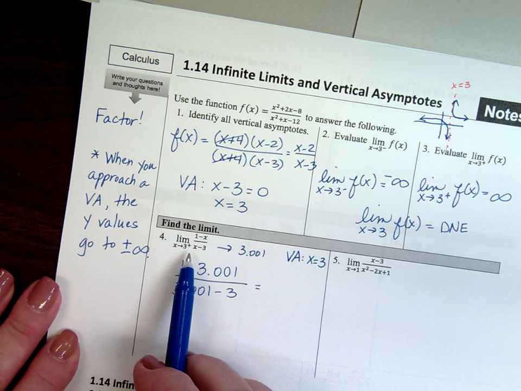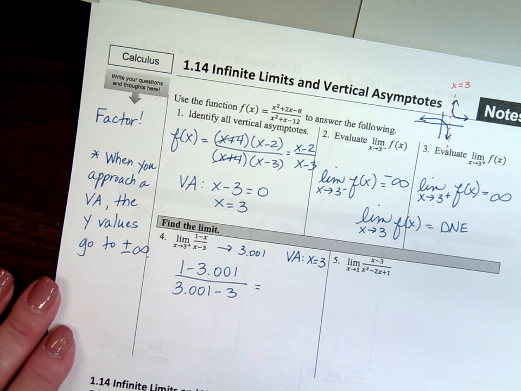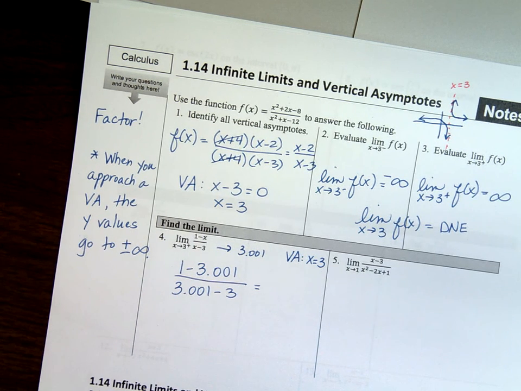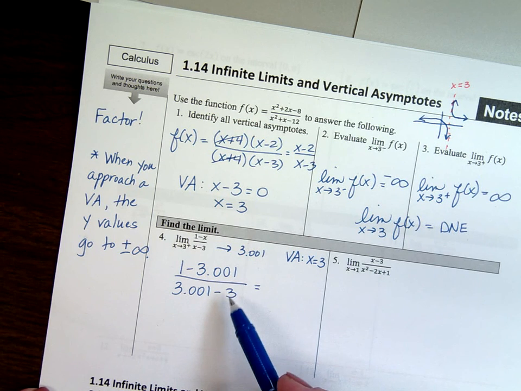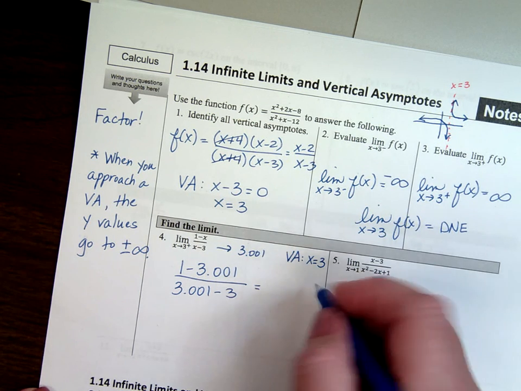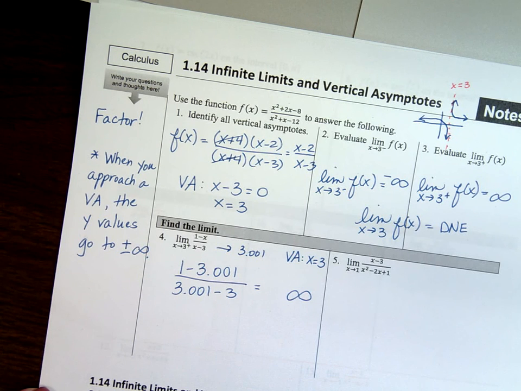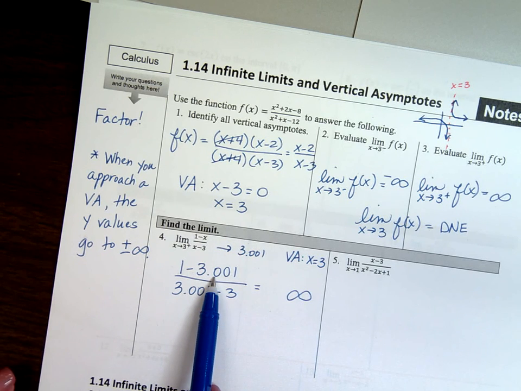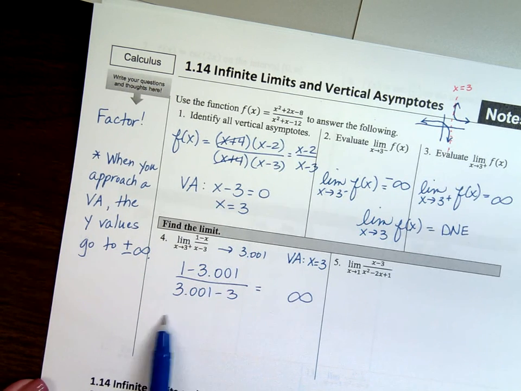You know you have a vertical asymptote at x equals 3, because that's your denominator that would cause the 0. Now, if I'm coming out of a vertical asymptote, what are my answers for the limits? It's either positive infinity or negative infinity. You need to know which one it is. So all you need to do is figure out, is this going to be positive or negative? I have 1 minus 3 on top, so negative on top. And I have a little bigger than 3 minus 3 on the bottom, which is a positive.